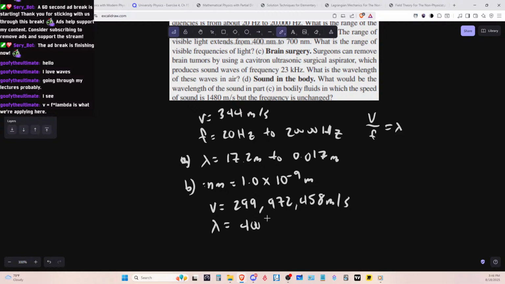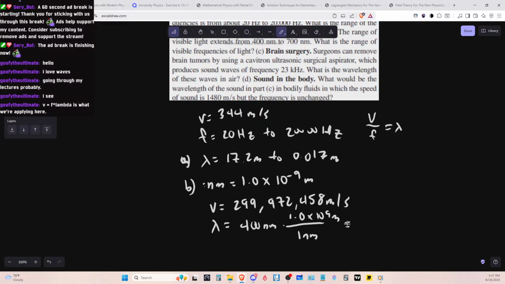By hand. Nanometers, and then 1 nanometer. Oh yeah, you have to multiply it. Okay, that's good. That's good to know.